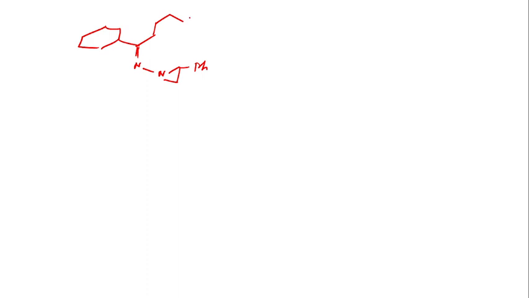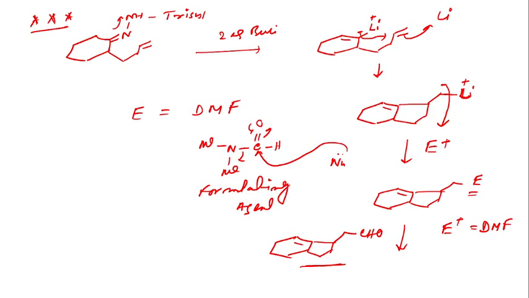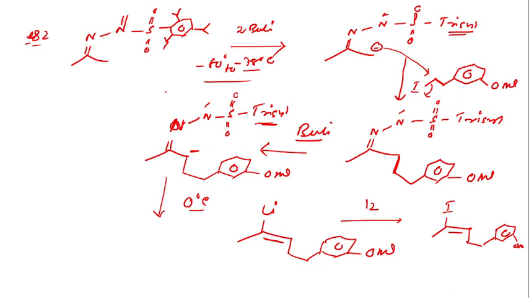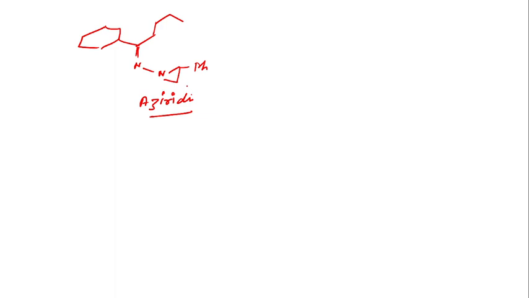Then what to do if this is the ring? This ring is called the aziridine ring. So first I have shown you every reaction with this kind of ring, but here I have changed the substituent to aziridine. If it is aziridine, it is the same thing.